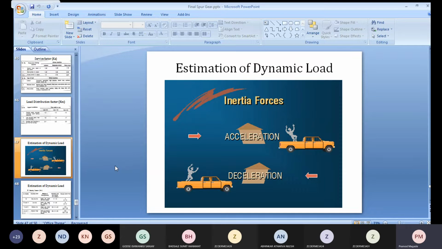So I have quoted picture here that indicate in case of the dynamic load means the load directly apply on a structure to which inertia forces are applying on a gear tooth profile, and on the basis of that we'll have to design.